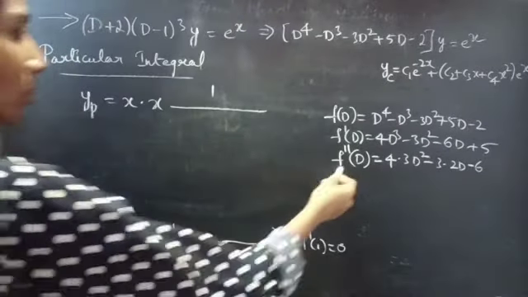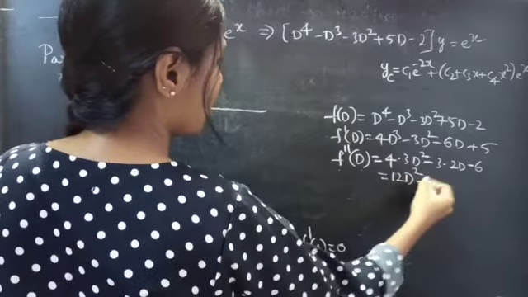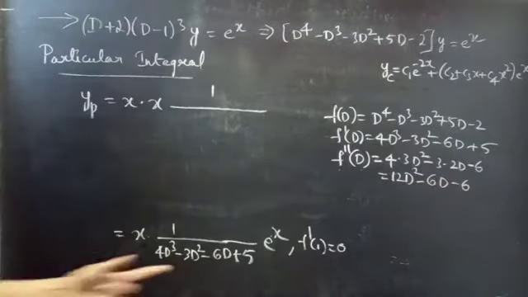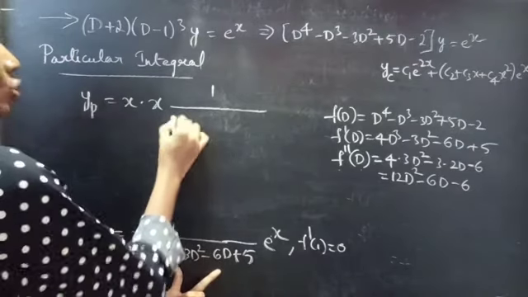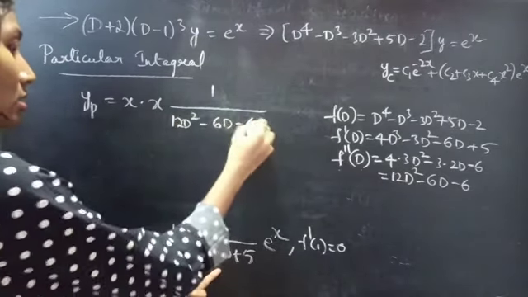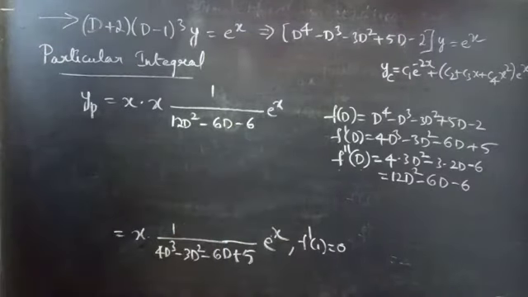So f double dash of D equals 4 3s are 12D square minus 3 2s are 6D minus 6. So the derivative of this is 12D square minus 6D minus 6 into e power x.